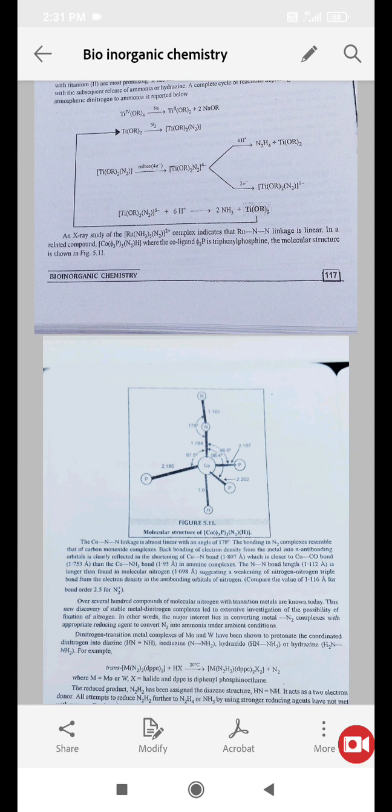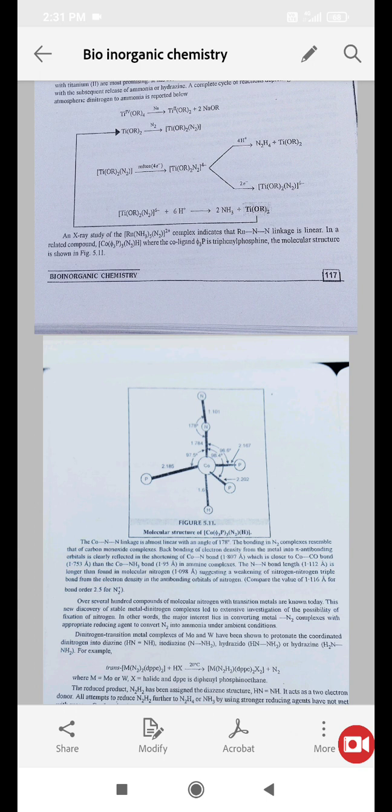In such complexes, the NN bond length is longer than that found in molecular nitrogen, suggesting a weakening of the nitrogen-nitrogen triple bond from the electron density in the anti-bonding orbitals of nitrogen. Compare the value of 1.116 angstrom for the bond in molecular nitrogen.